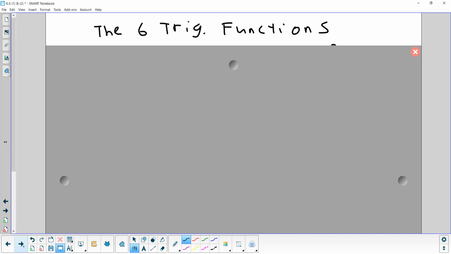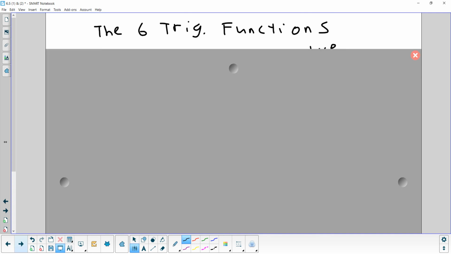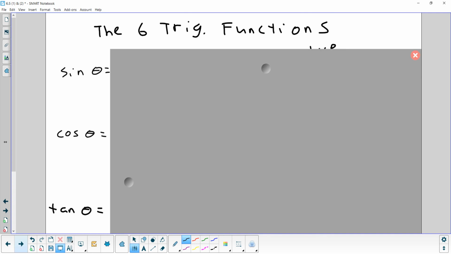All right. So that theorem we're going to use when we're solving triangles, especially when we want to find out something about the sides. What I'm going to do now is I'm going to give you guys the 6 trig functions that we had last week. Sine, cosine, tangent, cosecant, secant, and cotangent. Except now I'm not going to define them in terms of a coordinate.